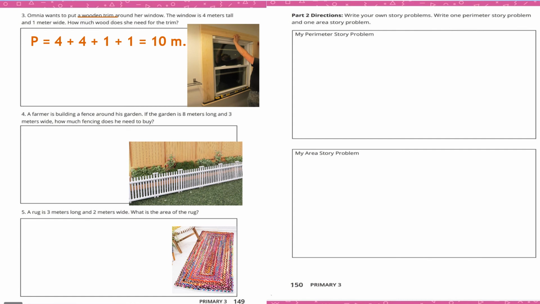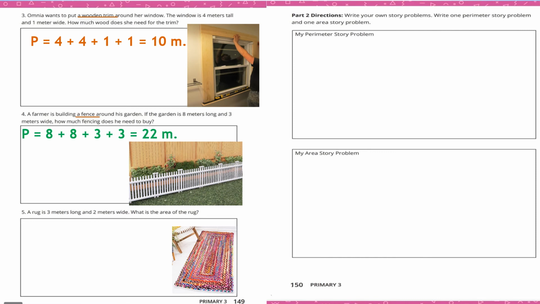We know that the length is 8 and the width is 3. So the perimeter here will be 8 plus 8 plus 3 plus 3. The total equals 22 meters.